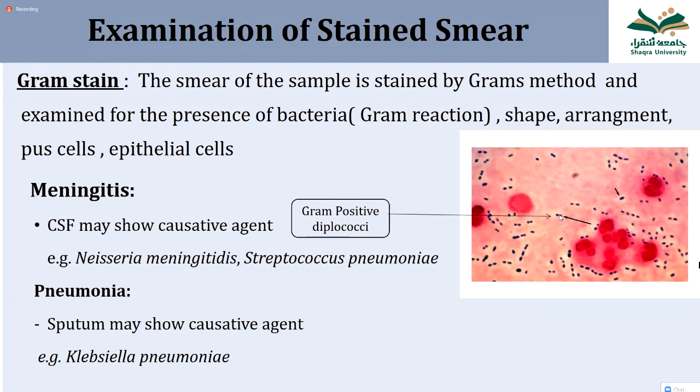What is the color here in this picture? Red. No, the bacteria dot. What is the color? Dark blue or black, you can say, or purple. This is gram positive. And the gram negative color is red.